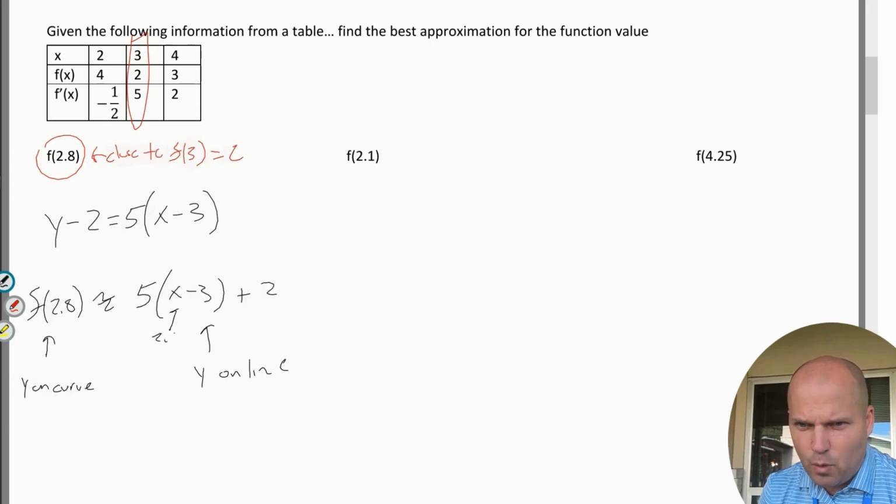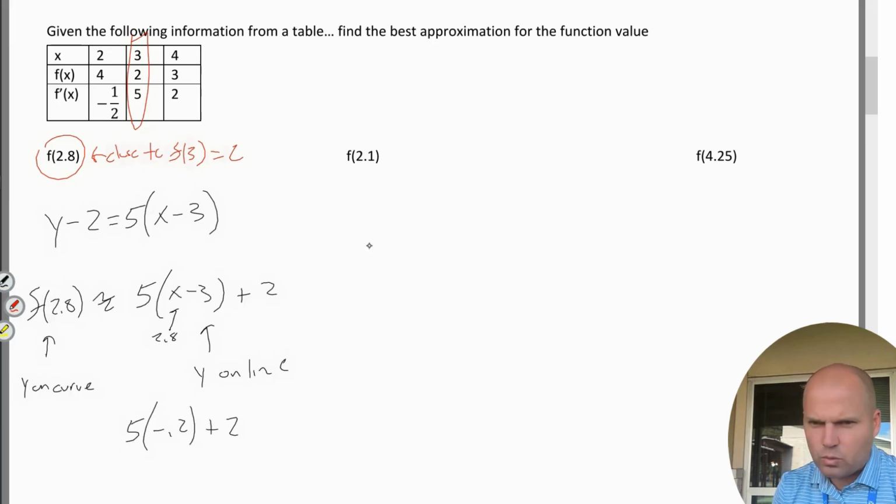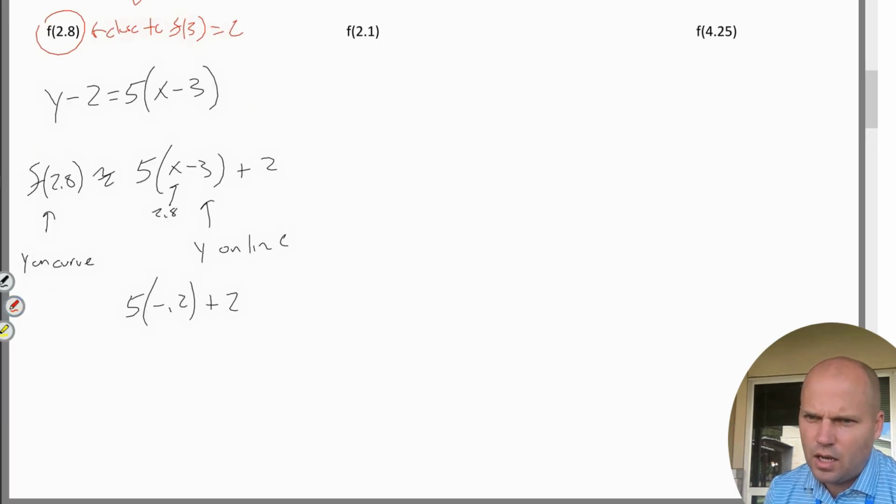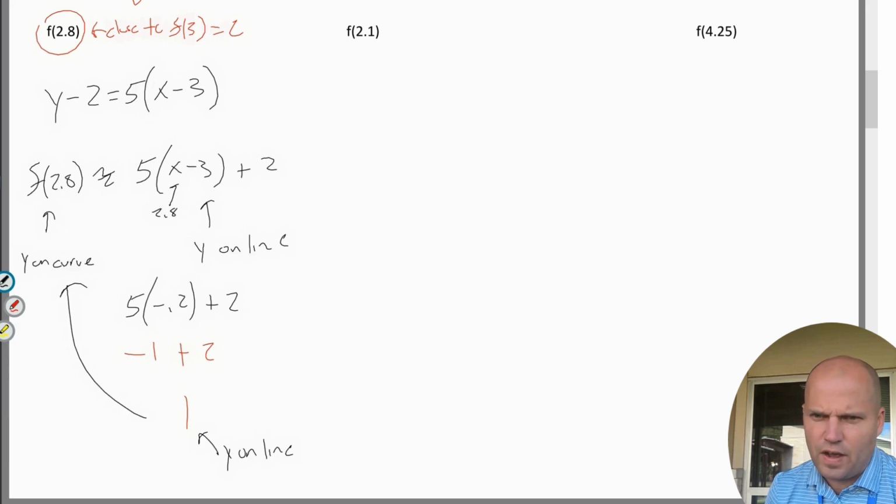I will plug in 2.8 into that, and I will get negative 0.2 times 5 plus 2, which is negative 1 plus 2, which is 1. This is a y value on a tangent line, and that is going to approximate the y value on the curve. Cool? If you need to do 5 times 0.2, 10 with a point.